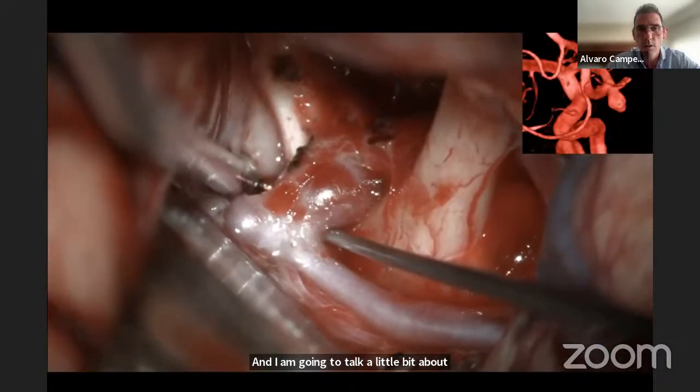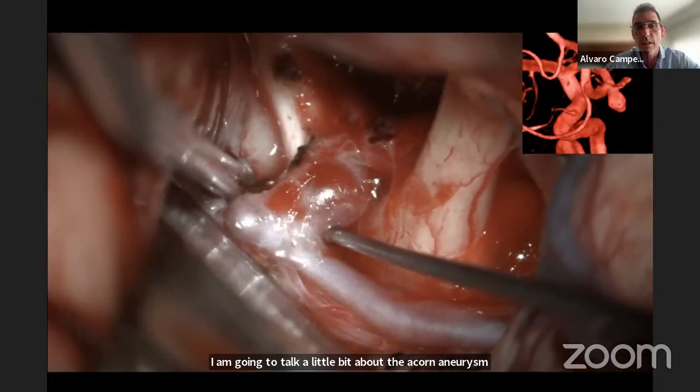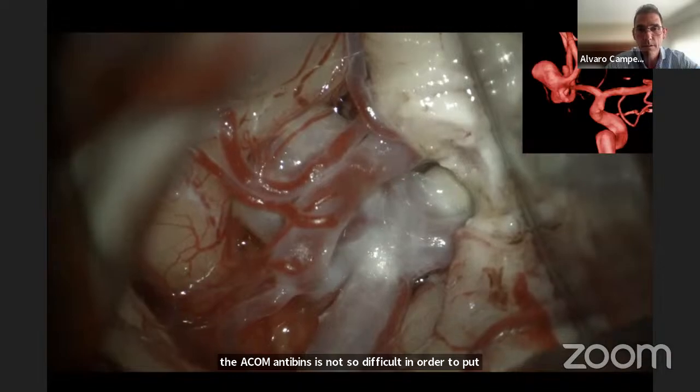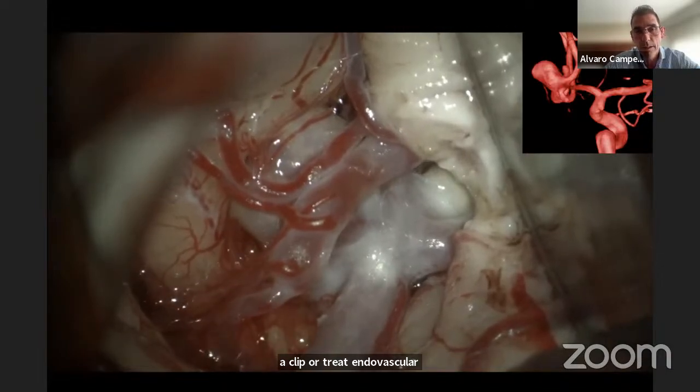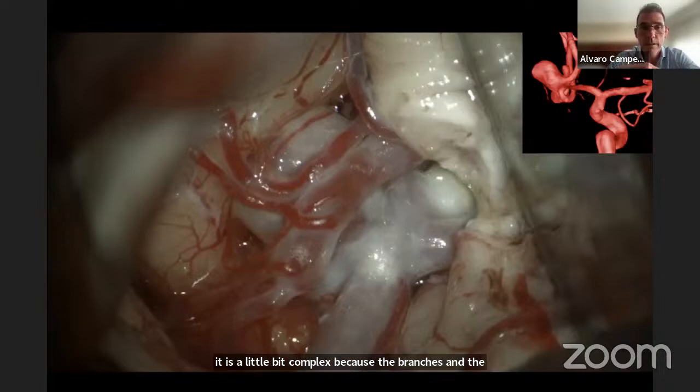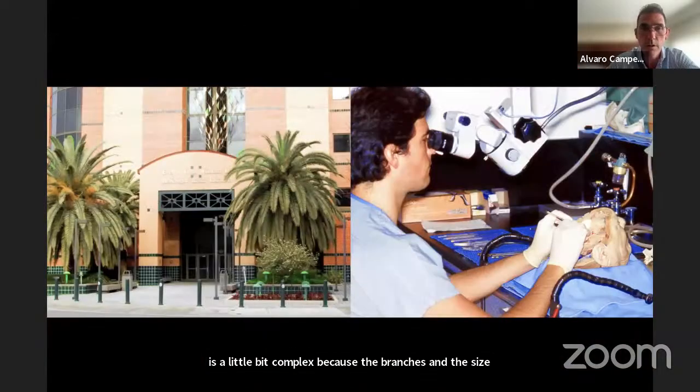Sometimes the ACom aneurysm is not so difficult in order to put a clip or treat endovascular, but sometimes it is a little bit complex because of the branches and the size and the shape of the aneurysm. So it is very important to understand and to study the anatomy of that region.